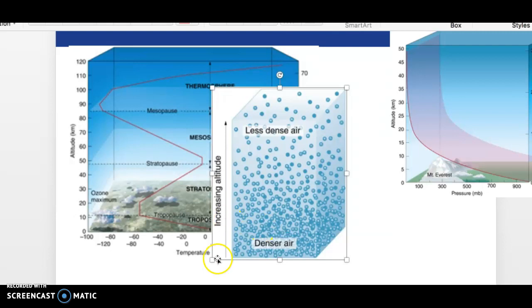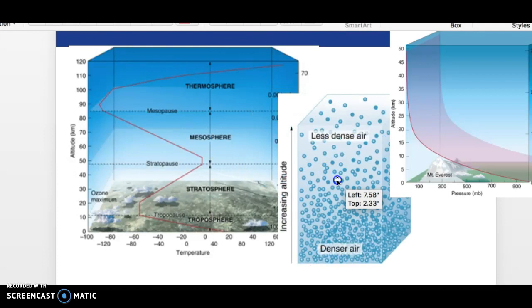And then as we increase in altitude, the molecules become less and less. The air thins out, as you may have experienced on a hike before as well. The higher the altitude, the thinner the air, the harder to breathe. The air becomes less dense. So therefore, the lower altitudes have higher density than higher altitudes.